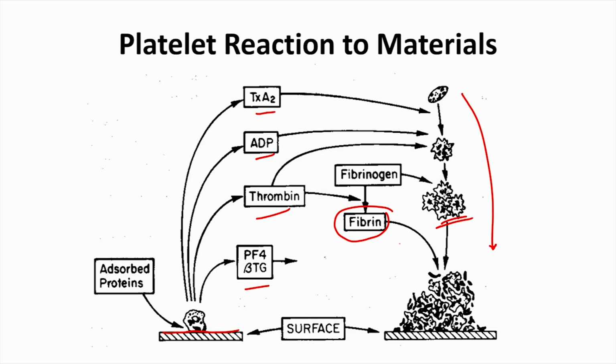That will lead to the formation of a whole clot, and this will plug the hole, or at least that is what the platelets are thinking, that they are plugging the hole, because they are now seeing a new surface apart from the traditional endothelial surface that they have been used to. But in this case they are not really plugging a hole; all they are doing is getting your material completely fouled with some fibrin mesh with platelets and blood cells. So, this is the last thing that you want to happen on your surface. Okay, we will stop here and we will continue the rest in the next class.